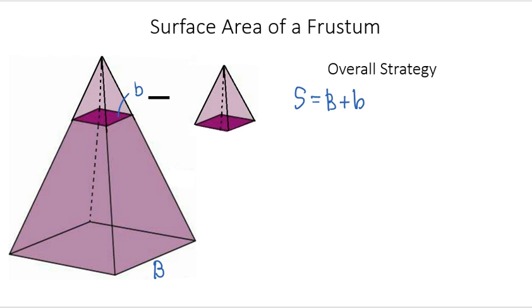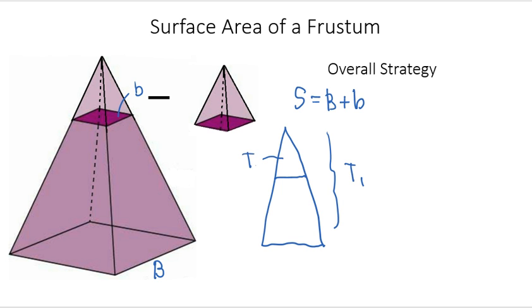Now I'm going to look just at the sides. The sides are triangles, and for these sides, I've taken off the top portion of the triangle. So I need to find the area of the entire triangle, T1, and the area of the smaller triangle, T2.